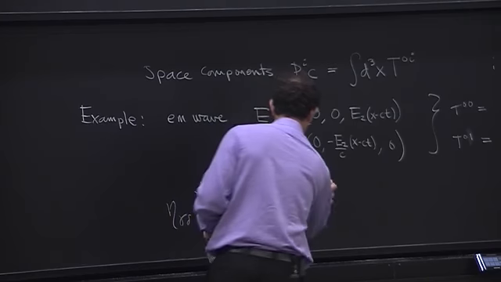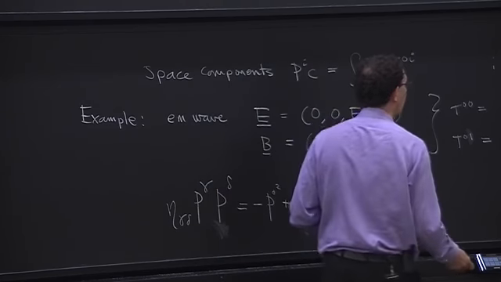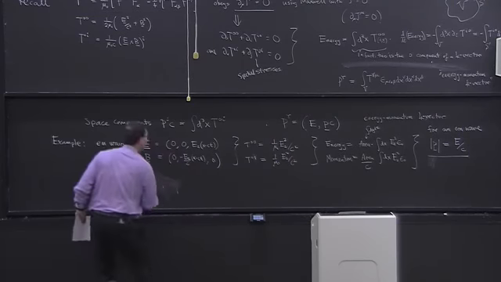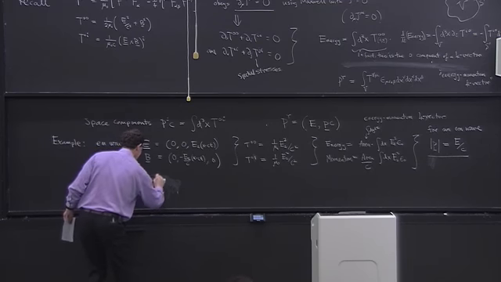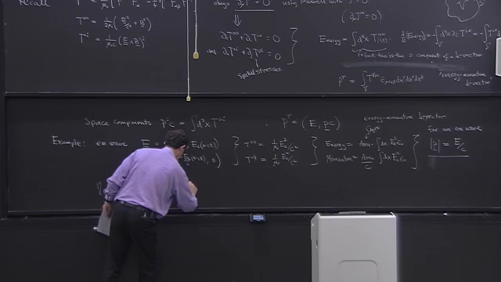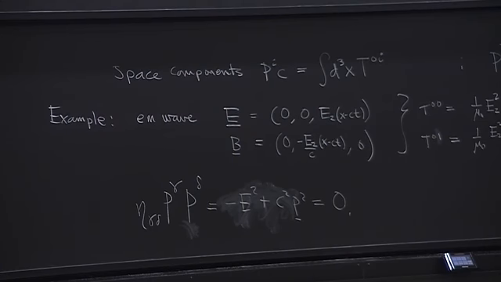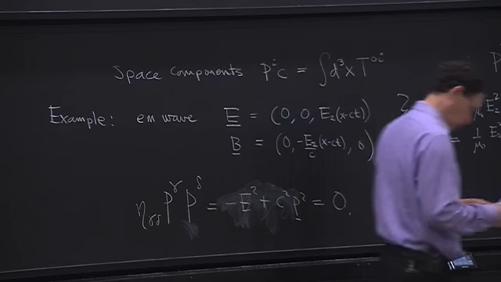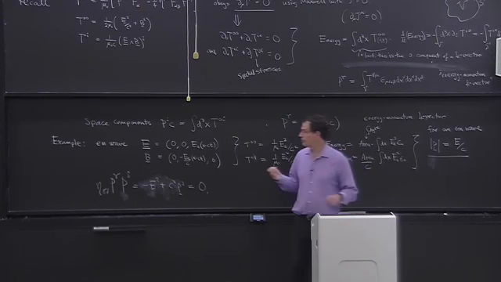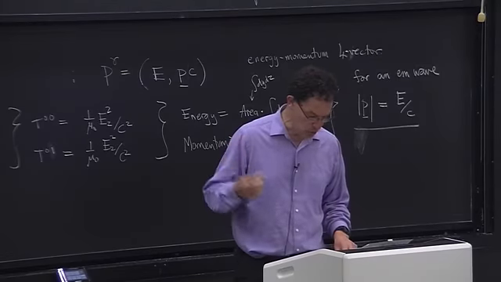Let me just write out the answer. This is minus E squared plus c squared P squared, which is equal to 0. So light waves have a four vector energy-momentum whose square is 0.